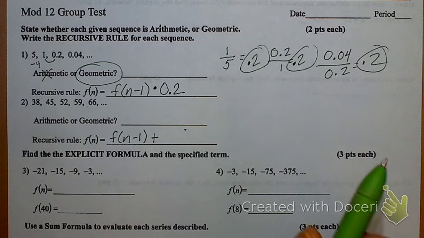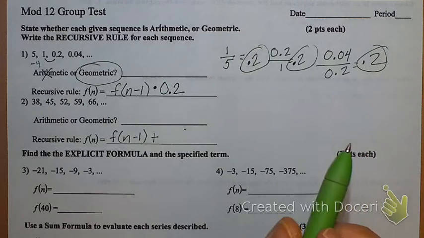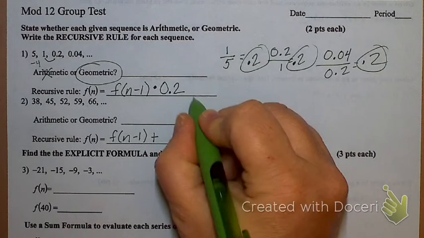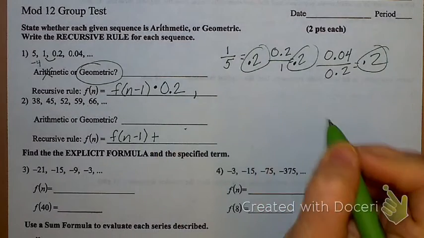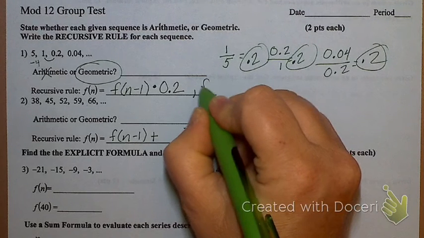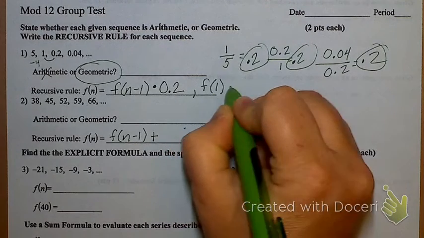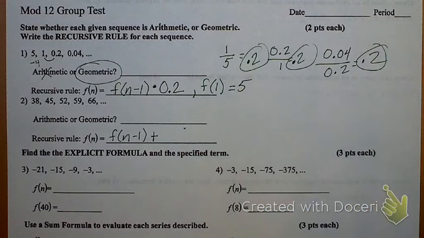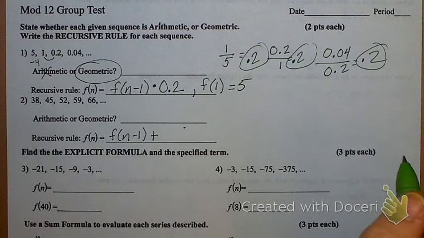Now, my recursive rule is not done until I put a comma and something else. I have to provide f of 1 in order to have my recursive rule. Why is that?